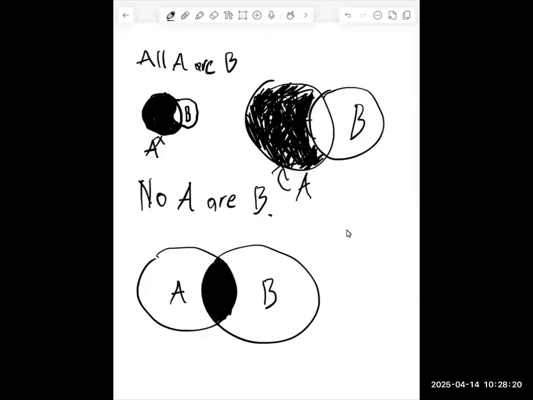If we wanted to put anything in A in the first one here, we know it would also have to go in B, right? In the second one, if we wanted to put anything in A, we know it couldn't go in B no matter where we drop it, right? All right.